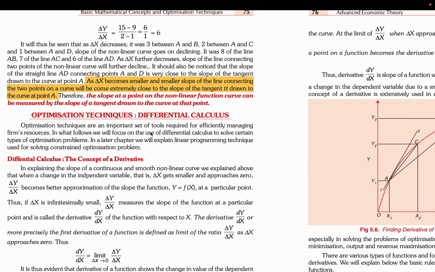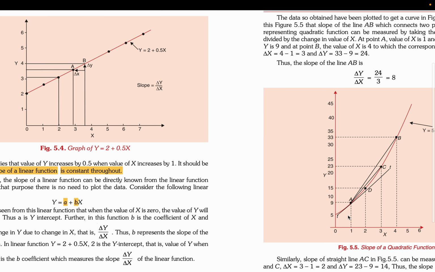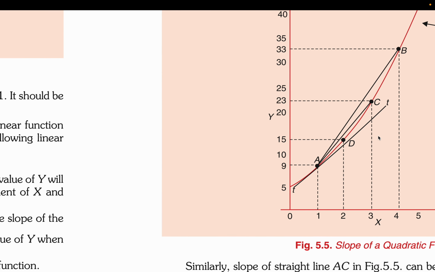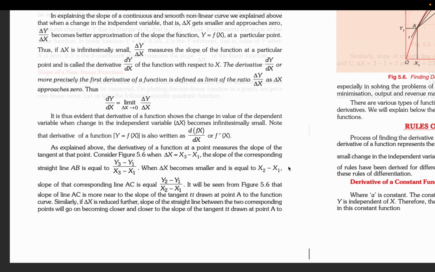Therefore, the slope at a point on the non-linear function curve can be measured by the slope of a tangent drawn to the curve at that point. So you see that as you keep on coming closer and closer to the point A, it is going to become almost equal to the tangent at that particular point.